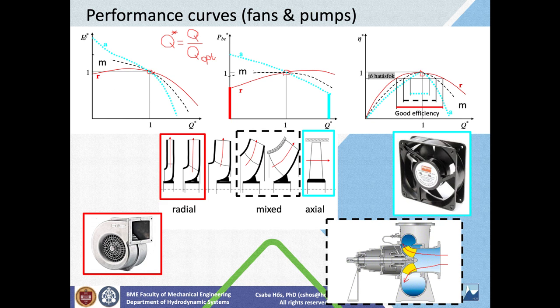If you have a look at the head curve, so the pressure difference of a radial machine, and if you start off with small flow rates, first it's increasing, and then it will decrease, whereas for a purely axial machine, it will decrease all the way around. So the highest pressure difference is when you close the pressure side valve, and the smallest pressure difference is at the highest flow rates.